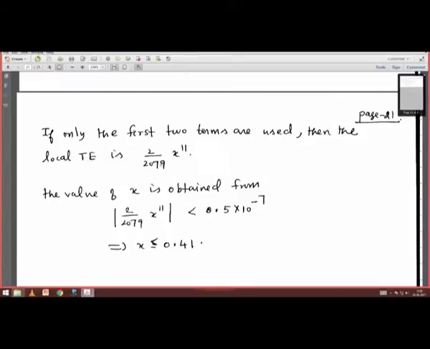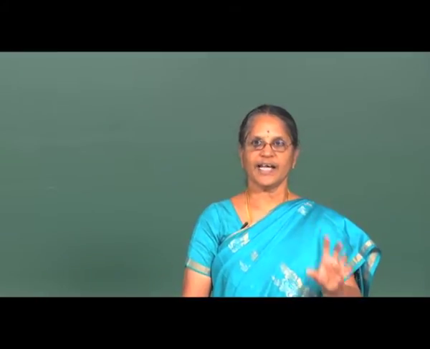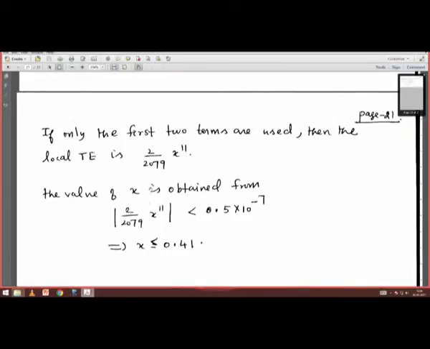So, I would like to find the values of x for which, if I include the first two terms alone in computing the solution at any point, the local truncation error is going to be less than 0.5 into 10 to the minus 7. So, I compute values of x for which this condition is satisfied and we see that x must be less than 0.041.